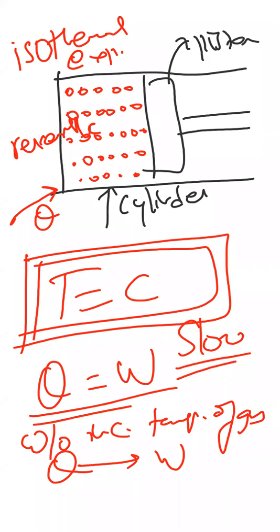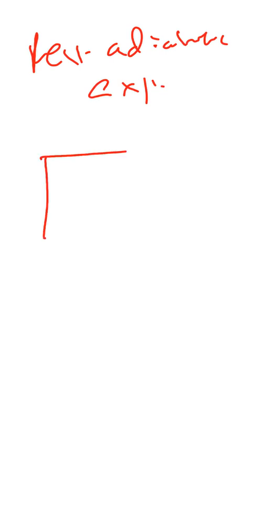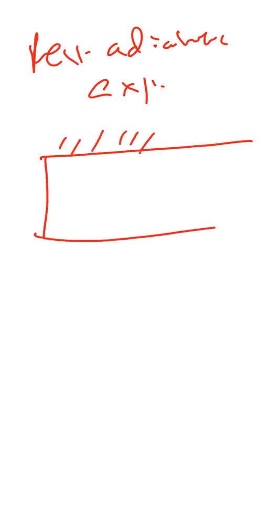Okay, now coming to reversible adiabatic expansion. That means you should not allow any heat transfer to happen. You have to insulate it.